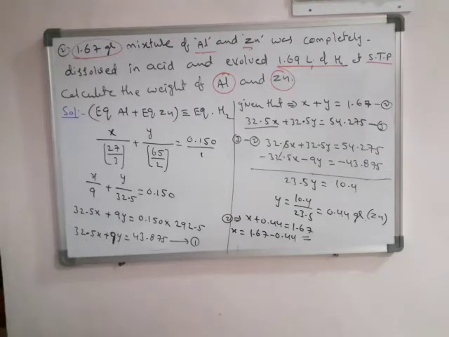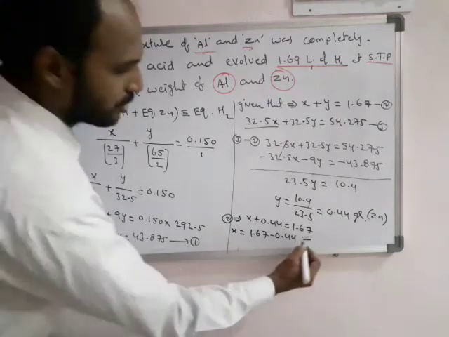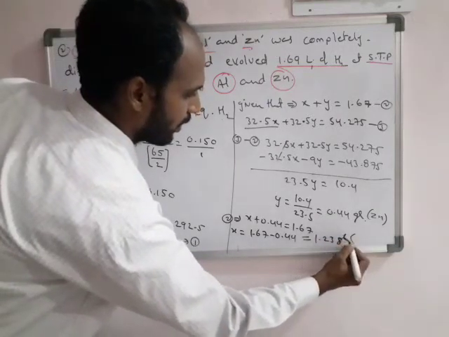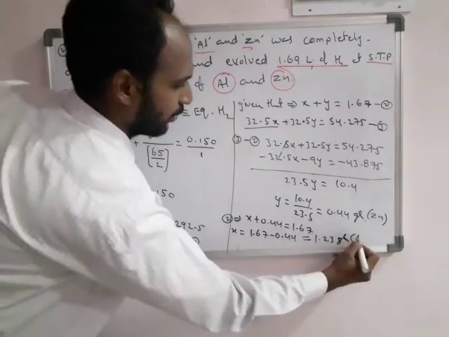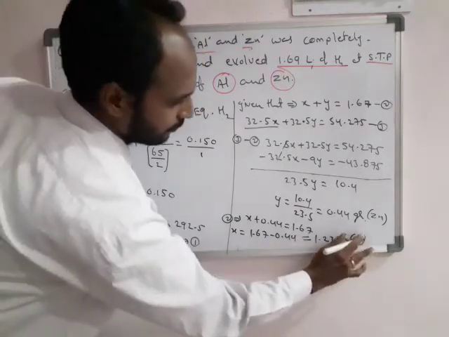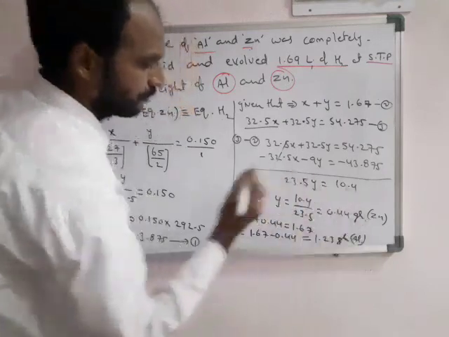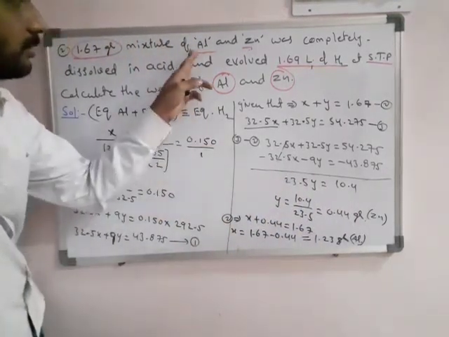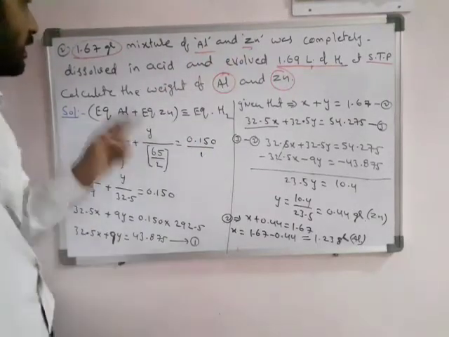Here we will get approximately 1.23 gram. This 1.23 gram is for what? Aluminium. Okay, so these are the calculations for the weight of aluminium and the weight of zinc in the given sample.